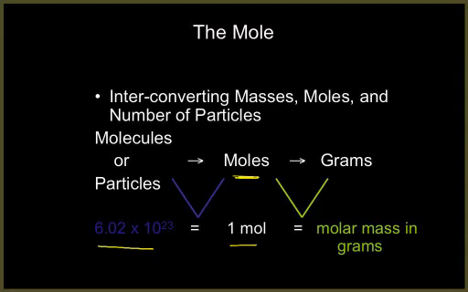So 6.02 times 10 to the 23rd molecules, particles, you could also say atoms if we're dealing with individual atoms. And on the other side, 1 mole is equal to the molar mass in grams, and again, this comes from the periodic table. So atoms or molecules to moles to grams, and this can go either way, so we could put arrows on both sides.